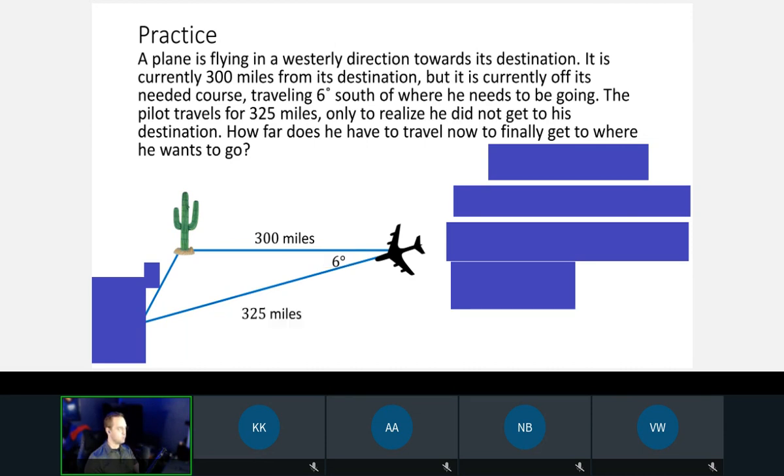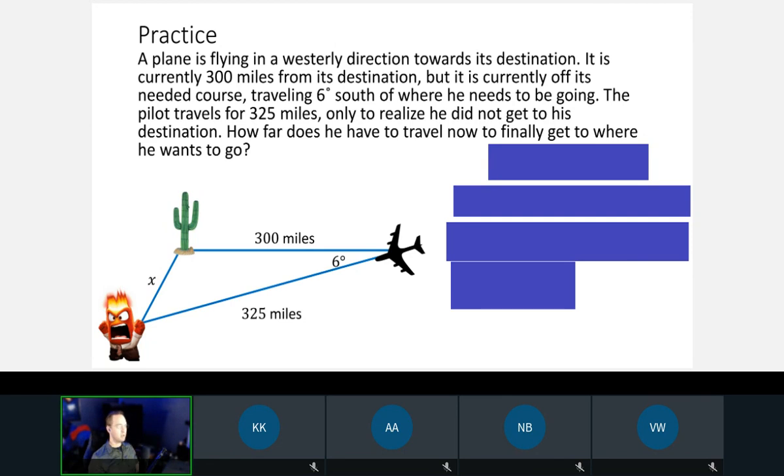We travel for 325 miles, and then you realize that you're totally off course, and you're super mad because no one's happy about going the wrong direction, right? So I think a lot of you can relate. This is maybe how you feel, and then you want to know how far away you are from where you're trying to get to, right? So we just draw really sweet pictures, diagrams, and then we solve them.